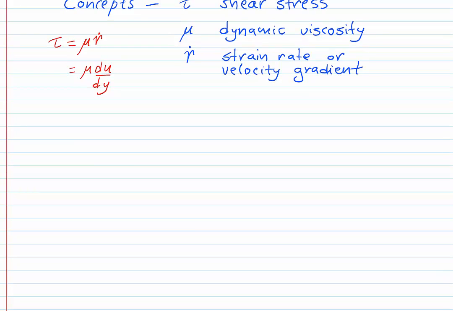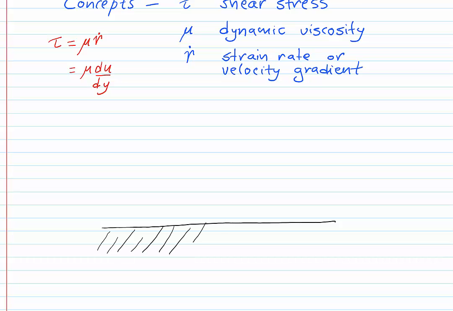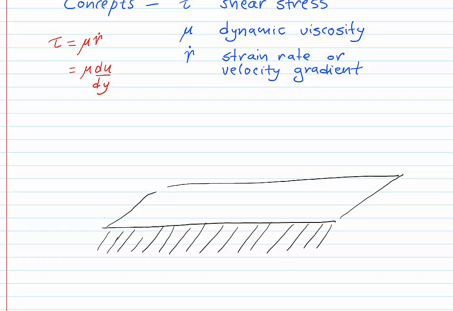To understand the velocity gradient, let's consider a solid surface. It's a solid surface that doesn't move and it's plane. So you're looking at this in cross section. For example, if this is the surface, above the surface there's some liquid flowing over it, a stream of liquid flowing over it.